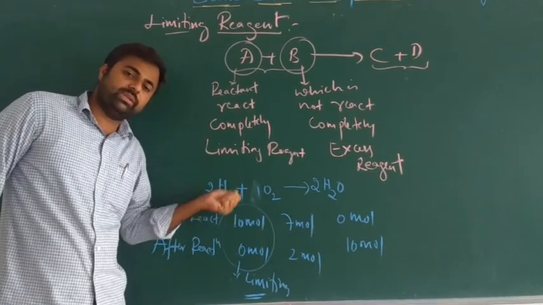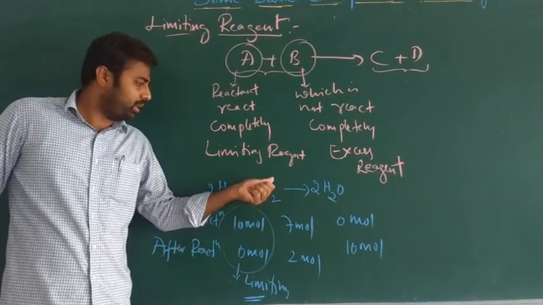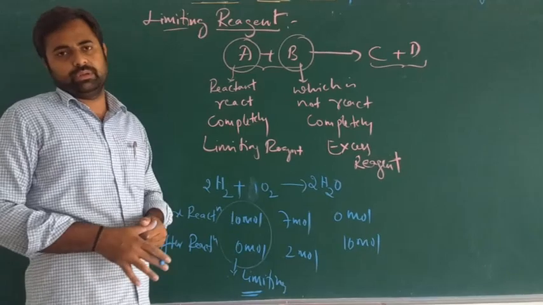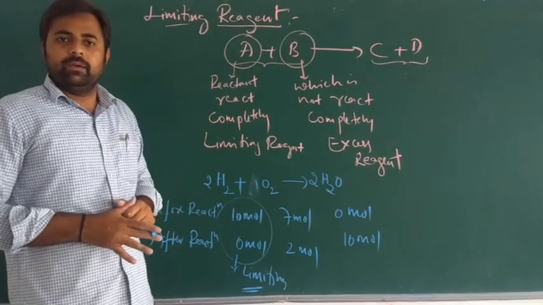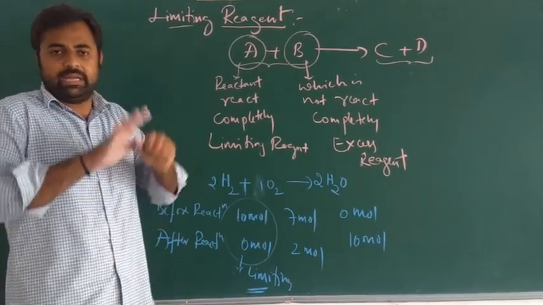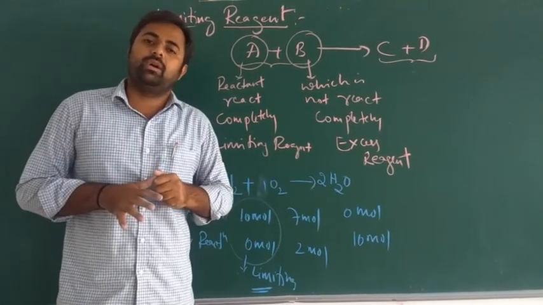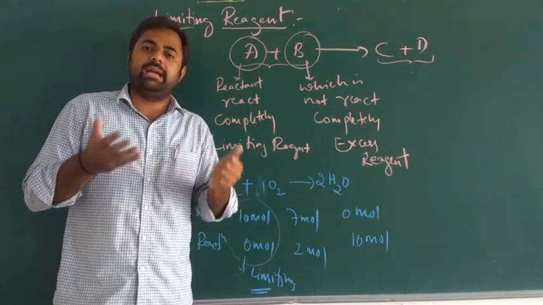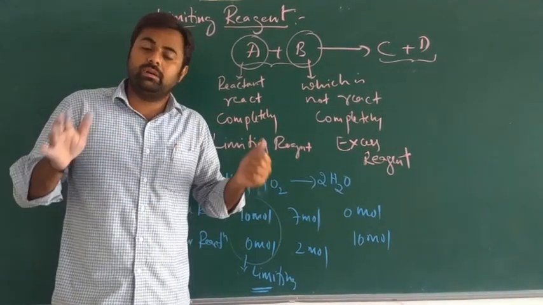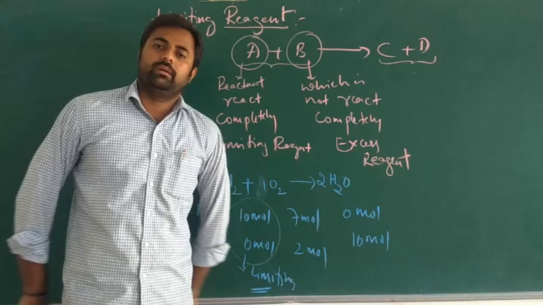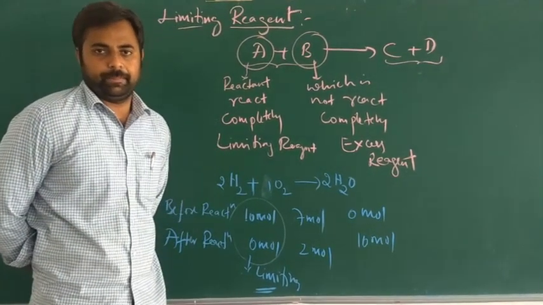So that's why hydrogen is the limiting reagent and oxygen is the excess reagent. I hope you understood. Very simple concept. Limiting reagent means the reactant which reacts completely in a reaction, and the reactant which is not consumed completely is known as the excess reagent. Right?